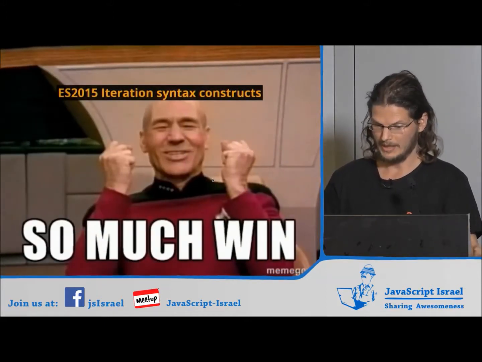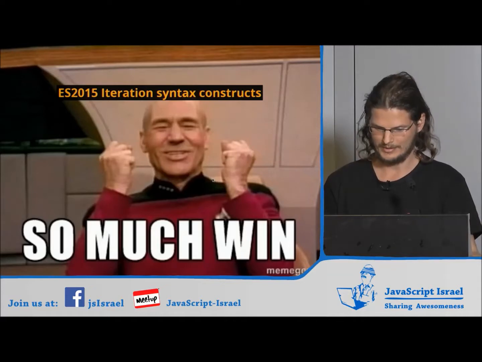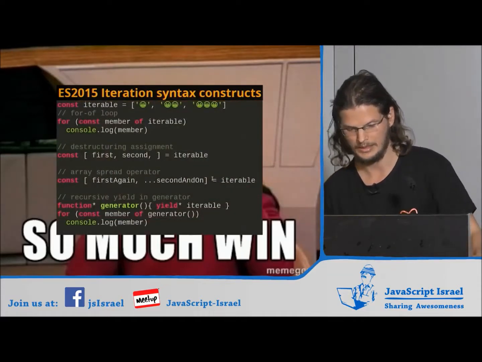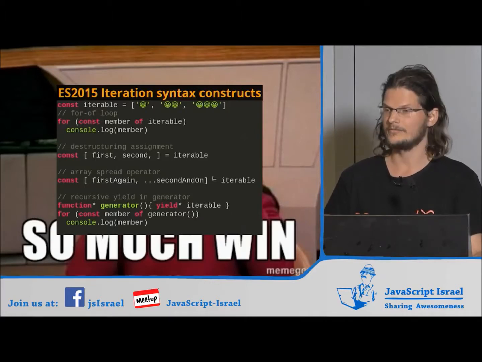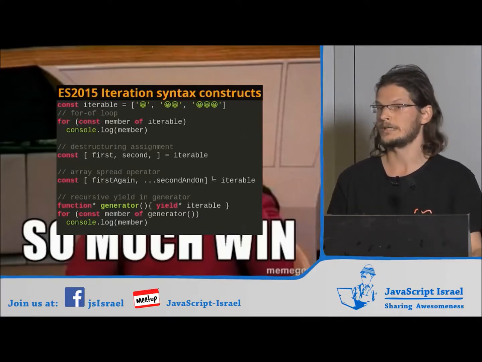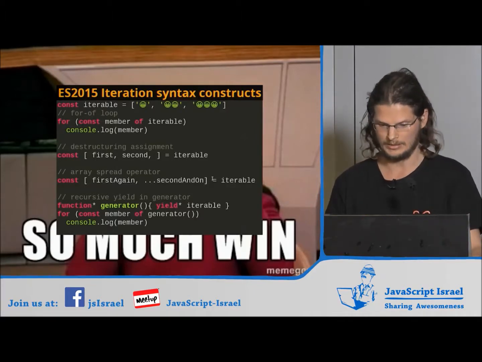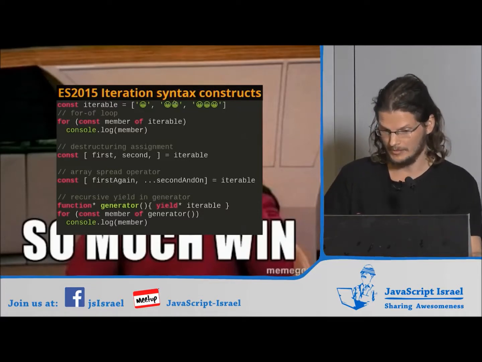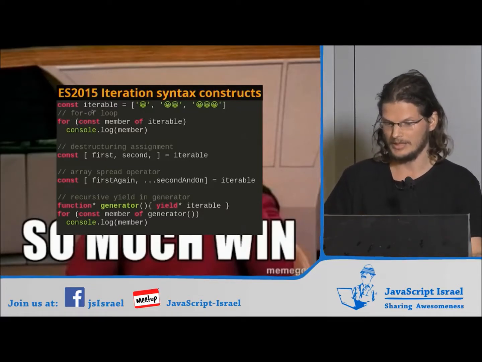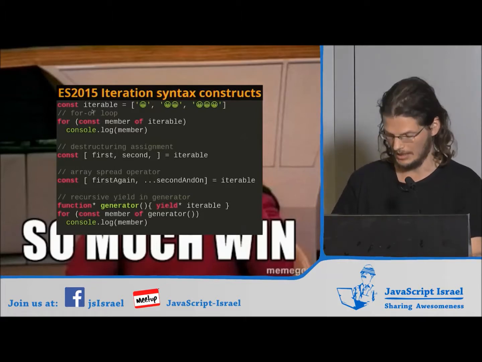But that's not where it ends. Iterables are literally all over the place, and they are very convenient to consume. So let's see a few examples of ES2015 iteration syntax.